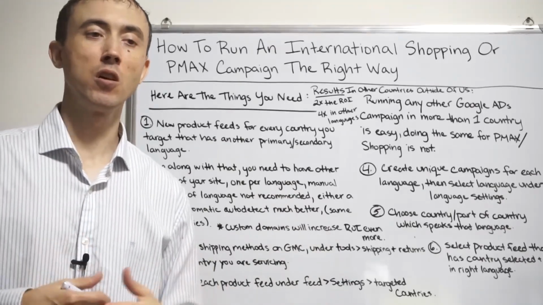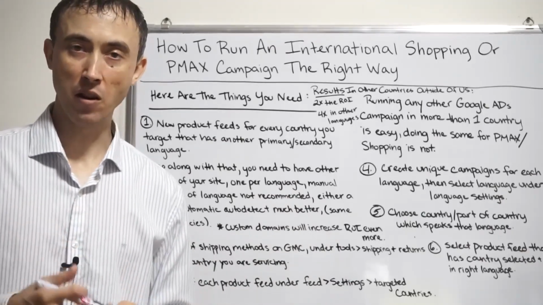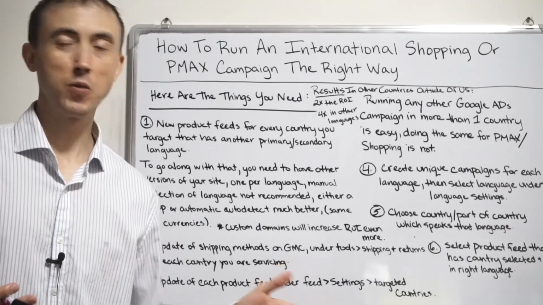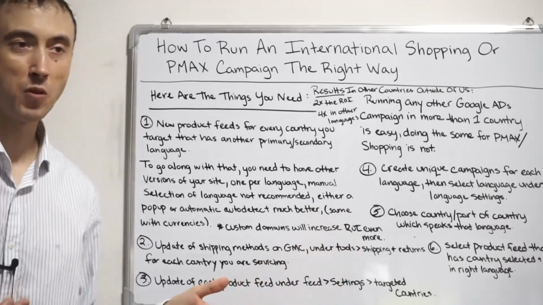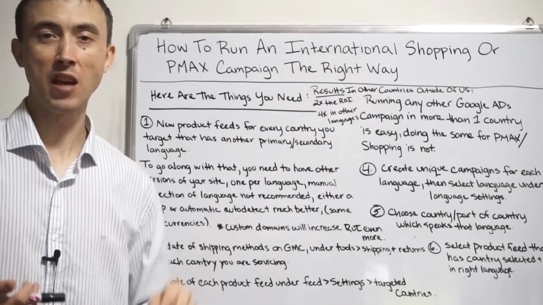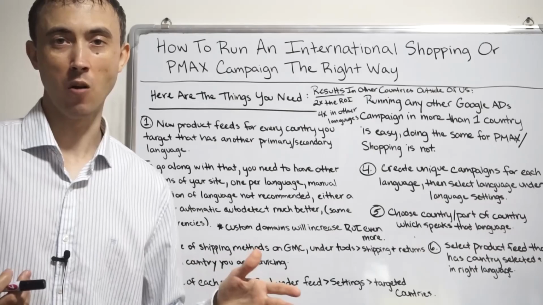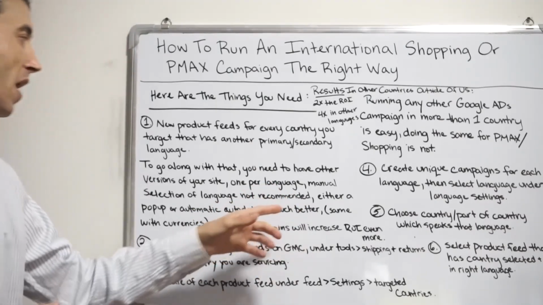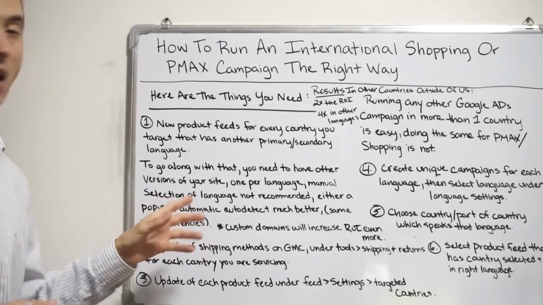Not because Google is going to necessarily disallow it, but it's not going to convert very well. Obviously, if you saw an ad in English and you got to a site and it was all in Spanish, are you going to buy? No.